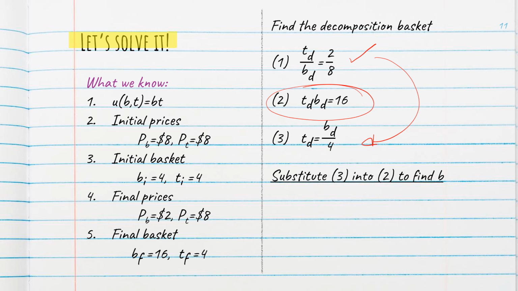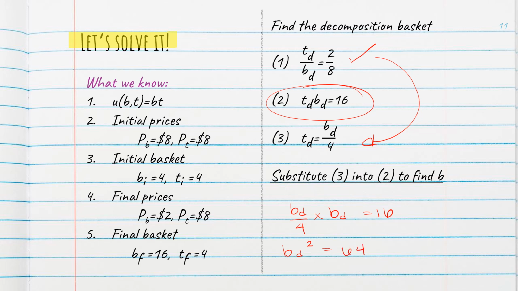In place of TD, I have BD over 4 times BD is equal to 16. Now this isn't super fun because we're going to have a square term. So I have BD squared is equal to 16 divided by 4. Sorry, times 4. Don't be like me. 16 times 4, which is 64.